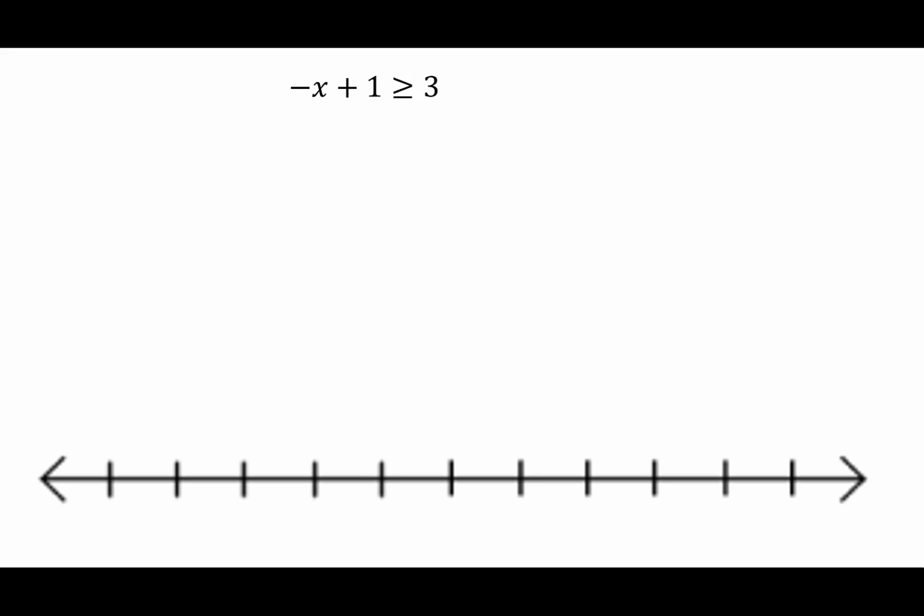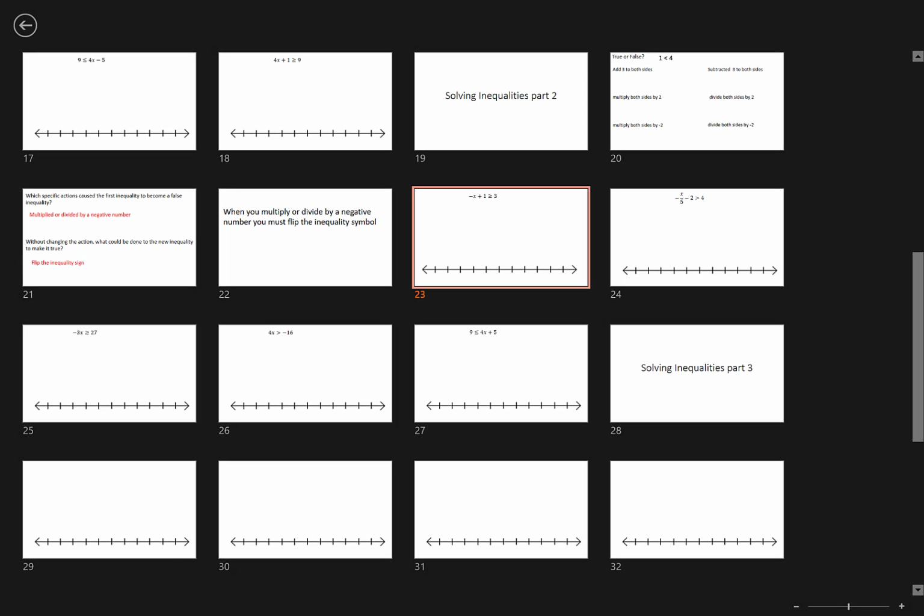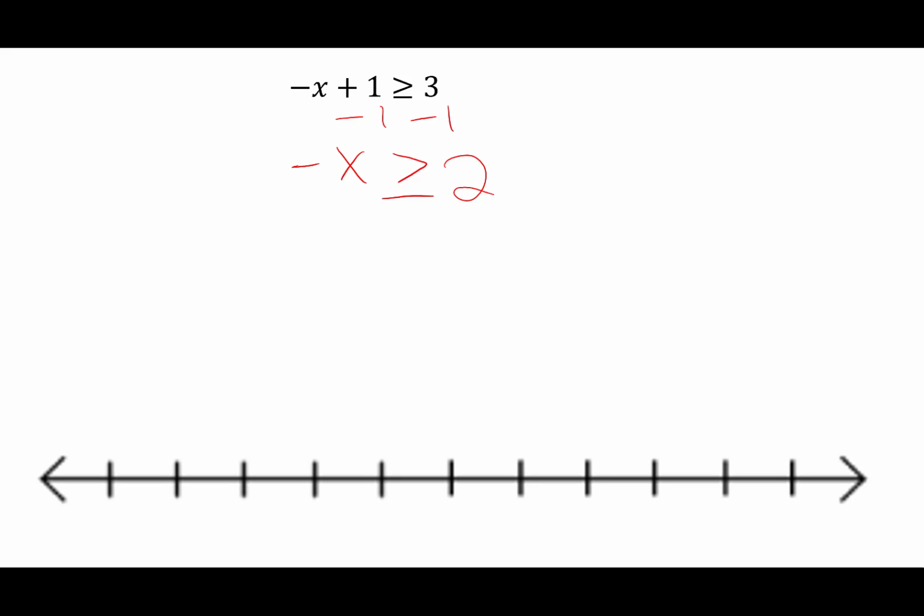All right, so let's look at a few examples. First thing I would do to solve this is minus 1 on both sides. And I get a negative x is greater than or equal to 2. Now remember, I have this negative 1 here. Apologize guys, I was trying to click with my pen color. So remember, there's that invisible 1. So simplify this.